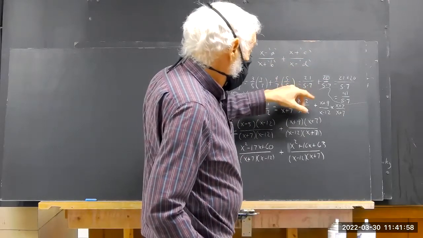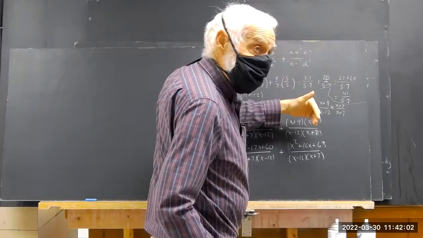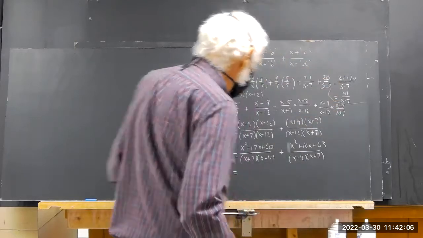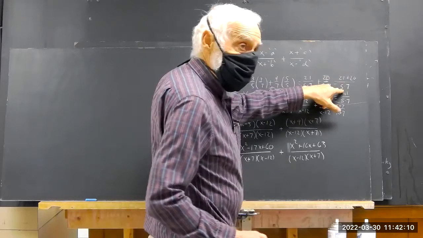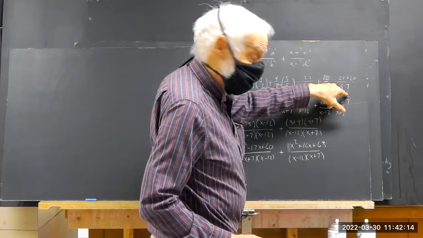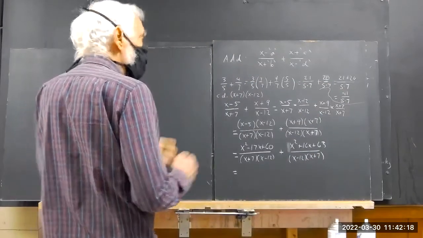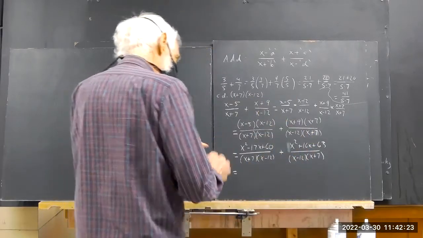Like we multiplied 21 plus 20 times 1 over 5 times 7. Multiply the numerators, multiply the denominators, this is what we get. Anyhow, that's a distributive law. The distributive law applies to division because division is just another form of multiplication by the reciprocal.